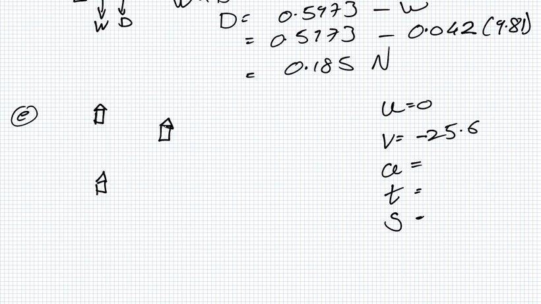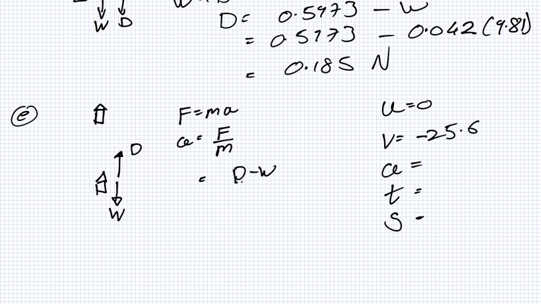As the bullet is falling, there are two forces acting on it, the weight and the drag force. If we go with F equals ma, the a will be F over m, and the a should be negative, meaning that the weight should be bigger than the drag. So if I do D minus W, that should be a negative total force.